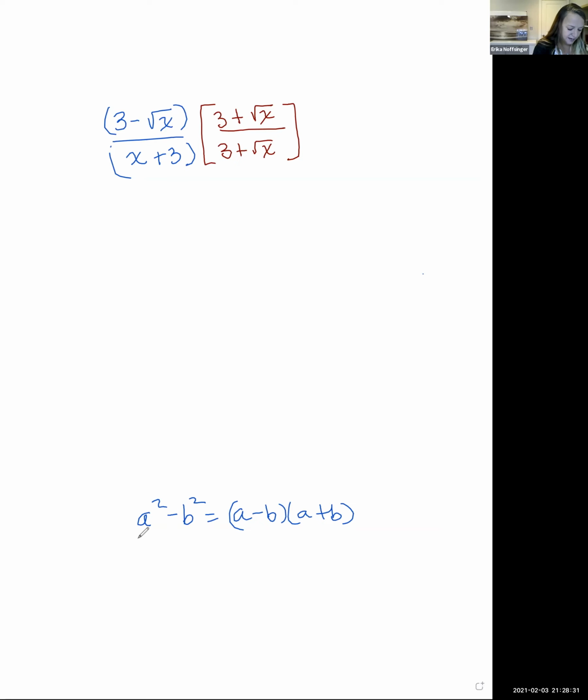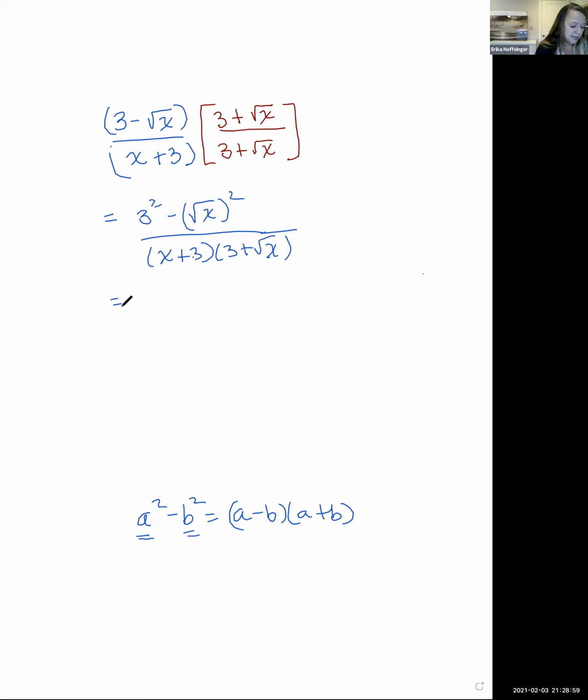We can either distribute out, which always works, or use the fact that this is the same thing as the first term squared minus the second term squared. If we do that, then we get 3 squared minus the square root of x quantity squared, all over, and I'm going to keep it in this form, x plus 3 all times 3 plus square root of x.